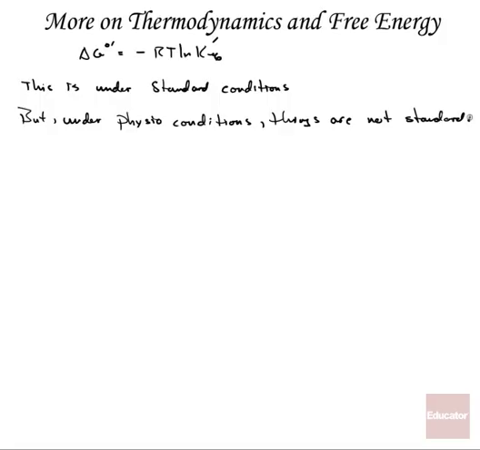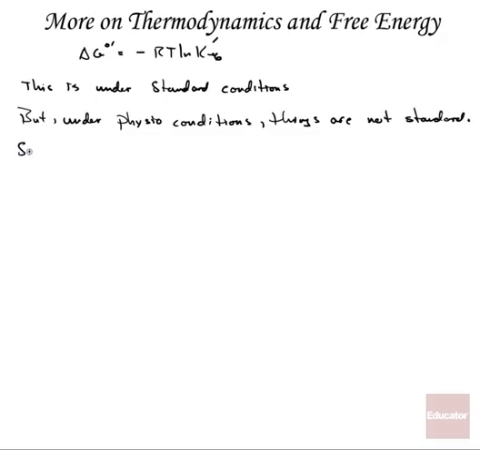So you might have 3 molar adenosine triphosphate, and you might have 0.1 molar adenosine diphosphate. When we talk about a standard, this is just so we have a frame of reference by which to measure something. But under physiological conditions, concentrations are not going to be 1 molar, and they're certainly not going to be the same for all of the species involved.